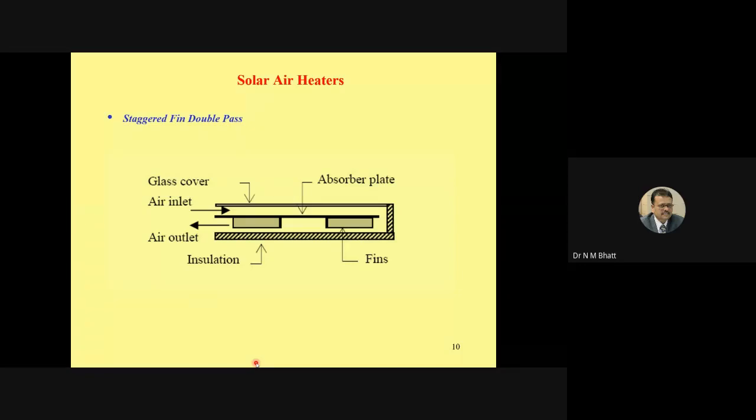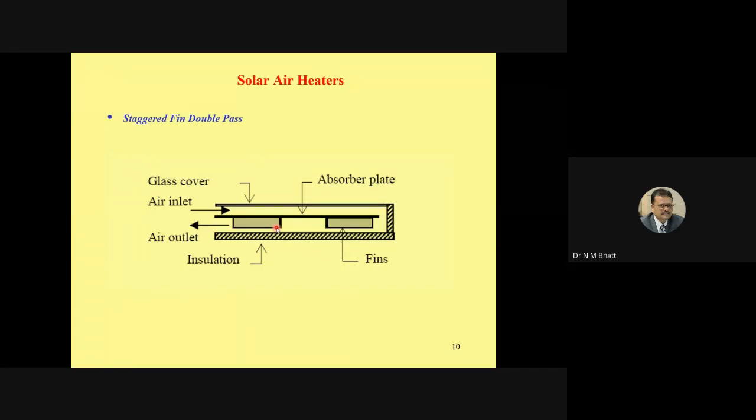Okay, so the first method is we can go for a fin. These are the fins. So if we go for a fin, we can increase the area of the absorber. Remember one thing, the simple fundamental you need to understand for the heat transfer between absorber and the fluid is that it is heat transfer by convection, by Newton's law of cooling.